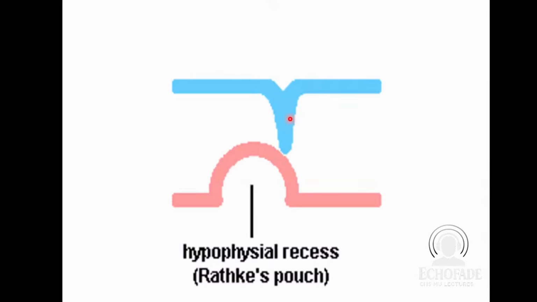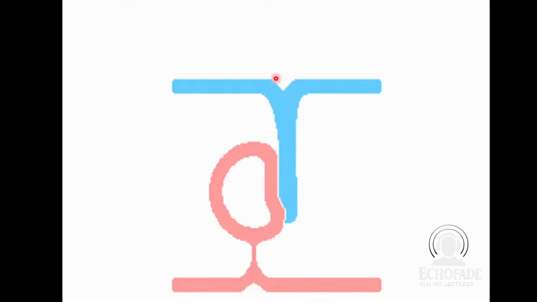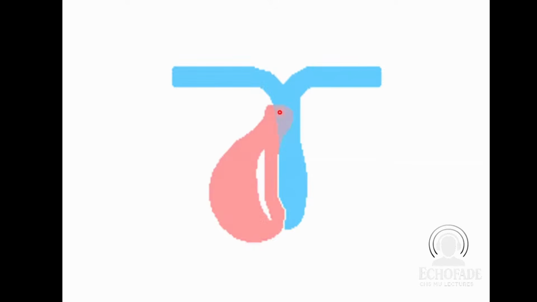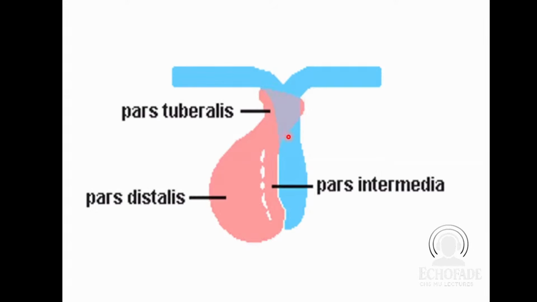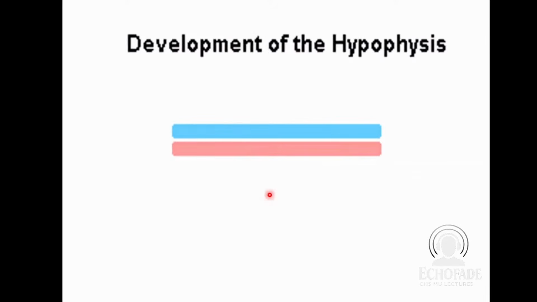Note the continuous connection by the infundibular stalk to the hypothalamus. Note also the formation of the extension that comes to end as pars tuberalis, pars intermedia, and pars distalis. In the pars intermedia, we have some colloid remnants.